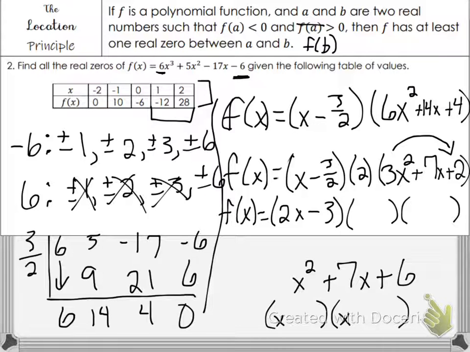I have a plus sign in front of my c value, so my sign's going to be the same or different? Same. If they're the same, what are they both going to be? They're both going to be addition. Now I'm looking for 2 numbers that would multiply to give me 6 and add to give me 7. 1 and 6. And what's the last part of slide and divide?